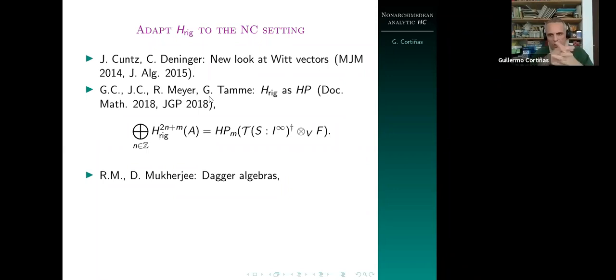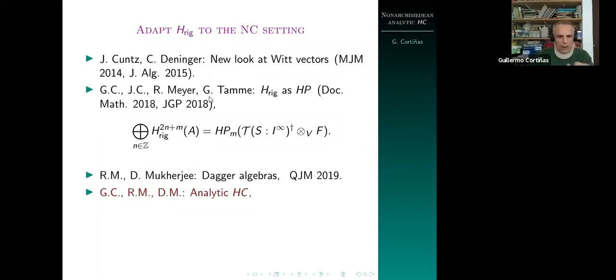And so we needed to develop this quite ad hoc, and this was later more systematically done by Ralf Meyer and Devarshi Mukherjee in their joint paper on dagger algebras, which are torsion-free complete V algebras which are dagger complete. So they are complete with respect to a linear growth bornology.